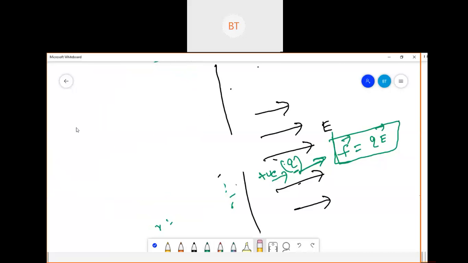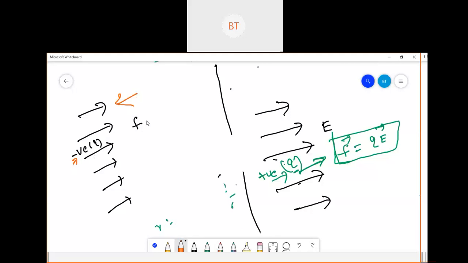If I am denoting it for the negative case, suppose we place minus q here, then the force will be in the reverse direction, because we have placed minus q here. So if I calculate this force, I will get F equals minus q into E vector. This will be for the negative direction.